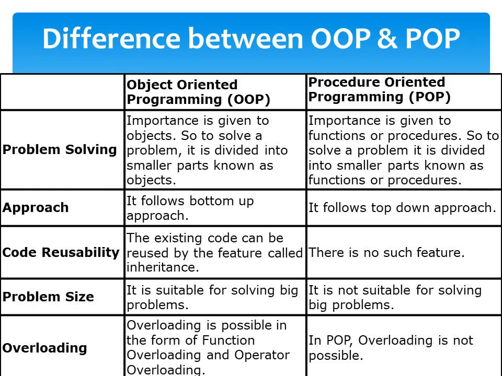Object-oriented programming is suitable for solving large and complex problems, whereas procedure-oriented programming is suitable for solving smaller programs that are not complicated. Fifth, overloading. Object-oriented programming provides the concept of function overloading and operator overloading, whereas in procedure-oriented programming, there is no concept of function overloading or operator overloading.